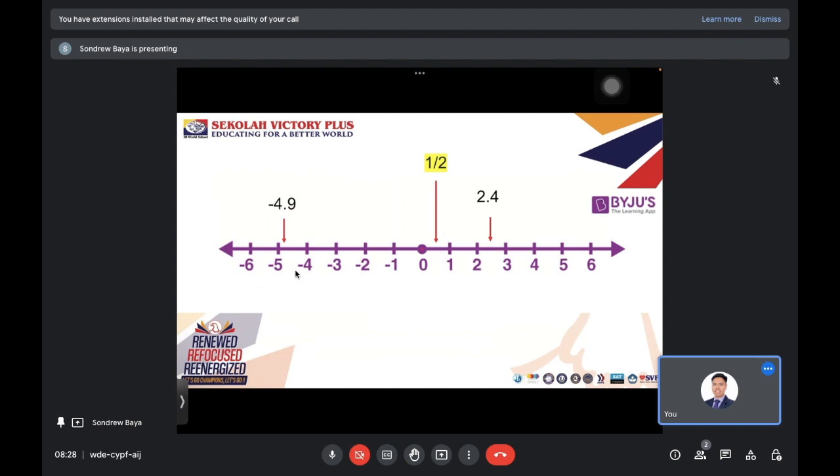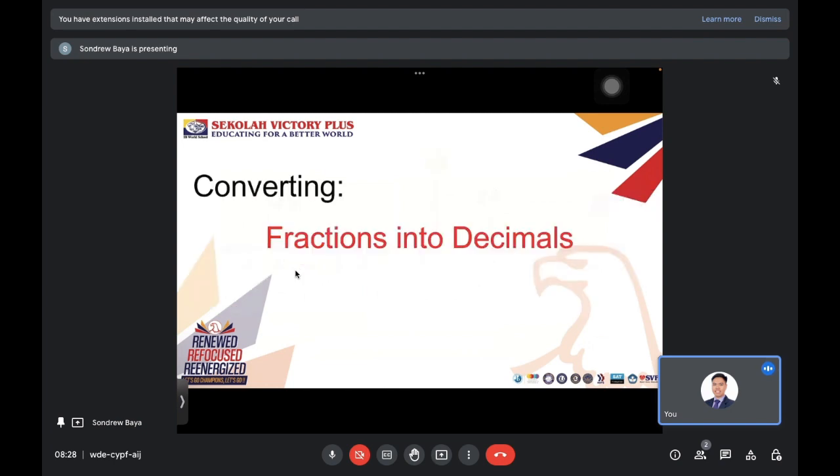Now, since decimals and fractions are more or less referring to the same quantity, there is a way to convert fractions into decimals. Because sometimes, if you go to the market, quantities are expressed as decimals, not so with fractions. Just like what you saw in the prices. So, usually, if you go to the market, you can see prices like $5.3, for example.